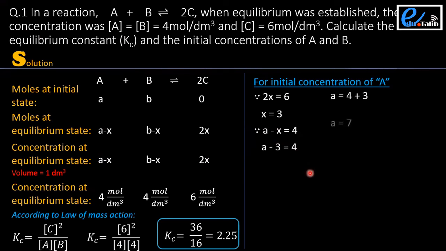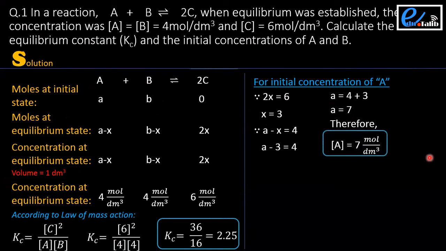The value of a is 7, so the initial moles of A has been calculated: 7 moles. As we have assumed the volume of the system is 1 dm cube, 7 divided by 1 is equal to 7. Therefore, the concentration of A at initial state would be 7 moles per dm cube. The first part of this question has been solved.